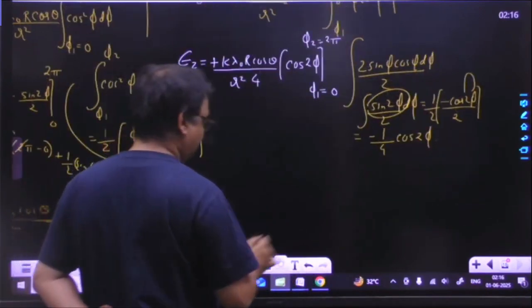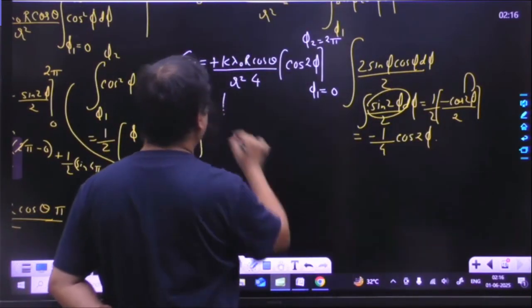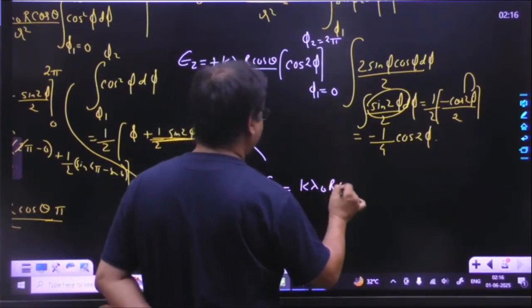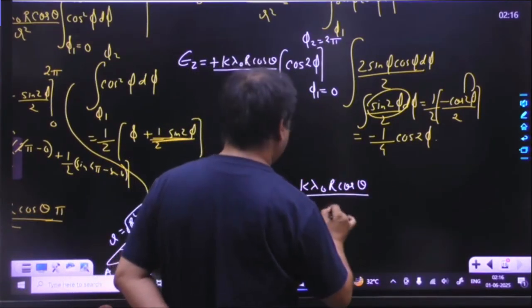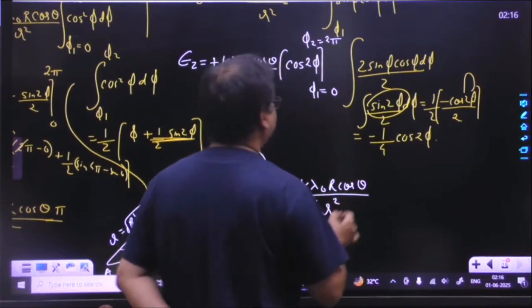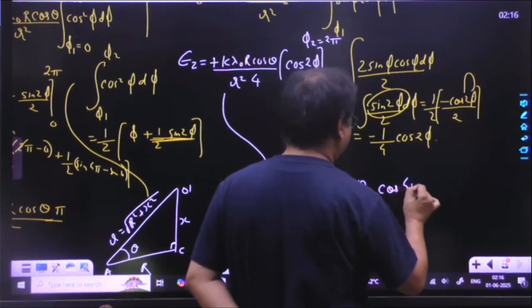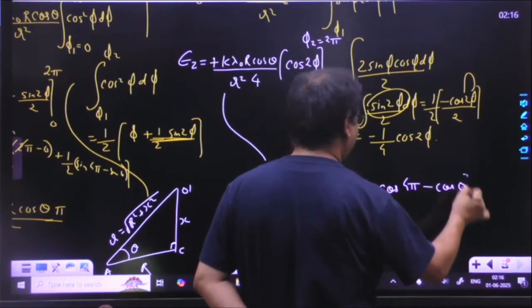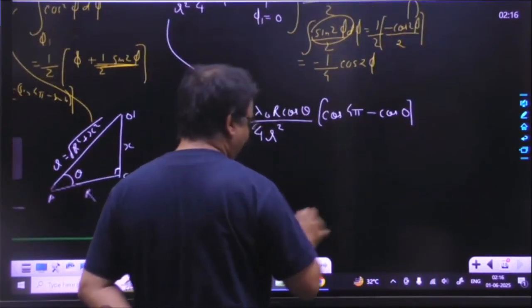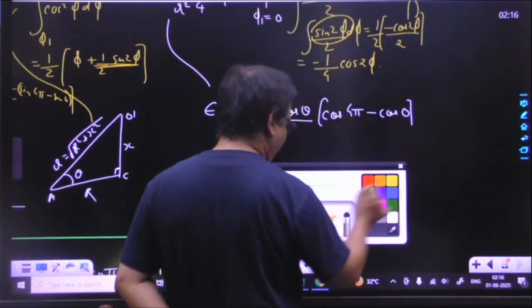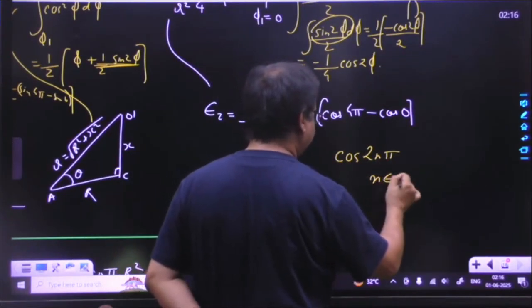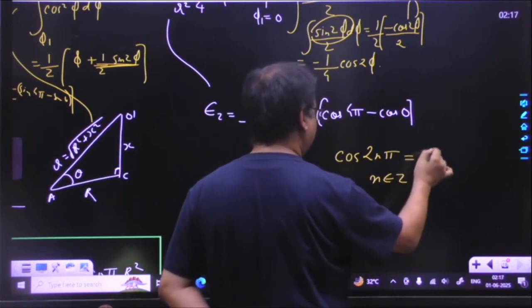So you'll get Ez as k lambda naught r cos theta divided by r square 4. Now put the limit, you'll get cos of 4 pi minus cos of 0. Cos 0 is 1, and already I told you, if you take any even multiple of pi, you are writing cos 2n pi, n belongs to integer values. This will always be 1.